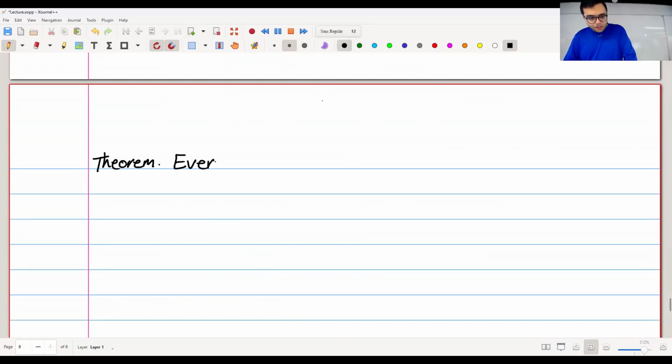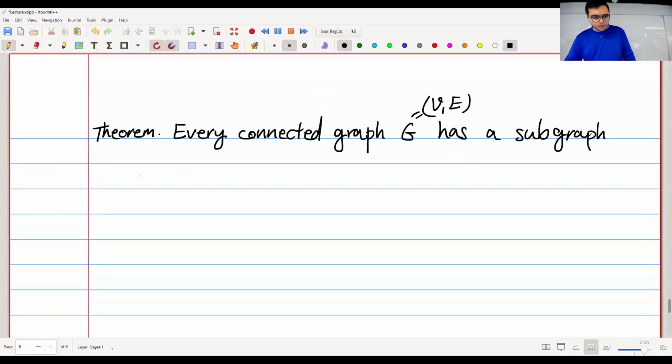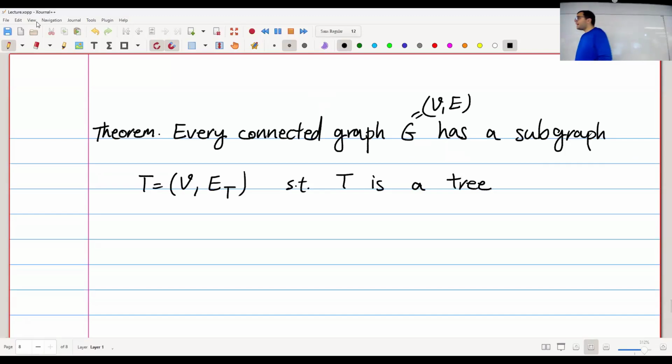So I want to say every connected graph G has a subgraph T, and let's say that this G is VE, and let's say that this subgraph has the same set of vertices, but has different edges, such that T is a tree. So this is actually called a spanning tree.